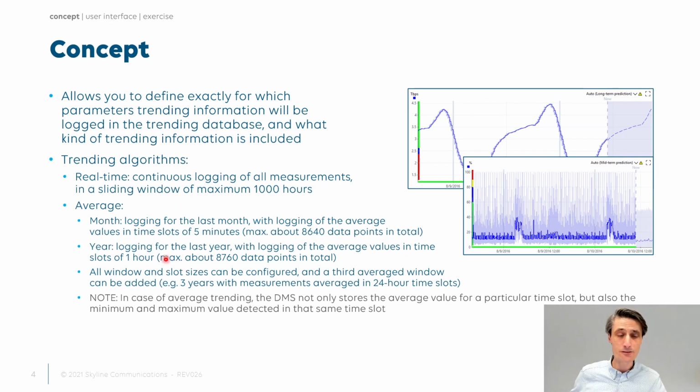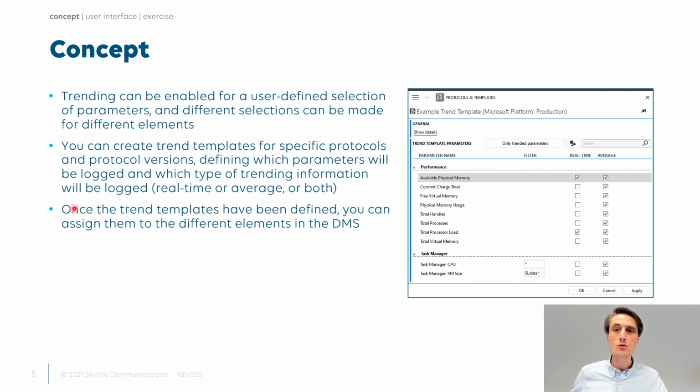So we have those two types, real-time and average trending, that you have to keep in mind. We can activate one or the other or both. They both have, of course, an impact on the database. We'll also discuss that. A trend template is very similar to an alarm template.